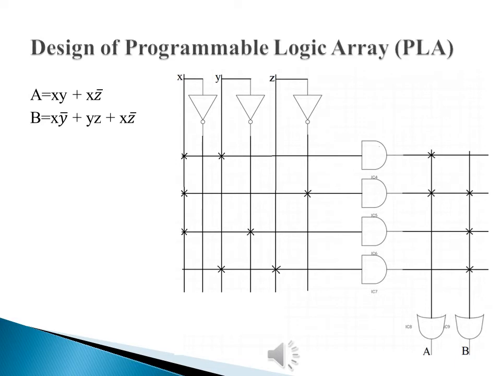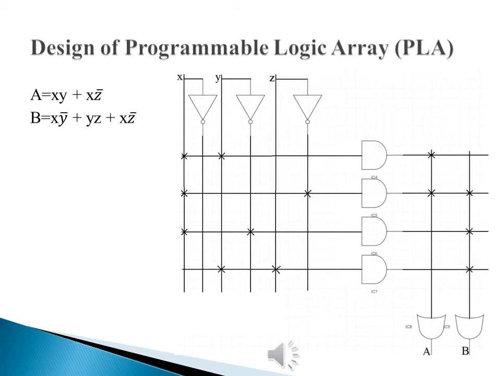Let us implement the given function in the example using PLA. The function A equal to xy plus xz bar, B is equal to xy bar plus yz plus xz bar. The given two functions are in sum of products form.